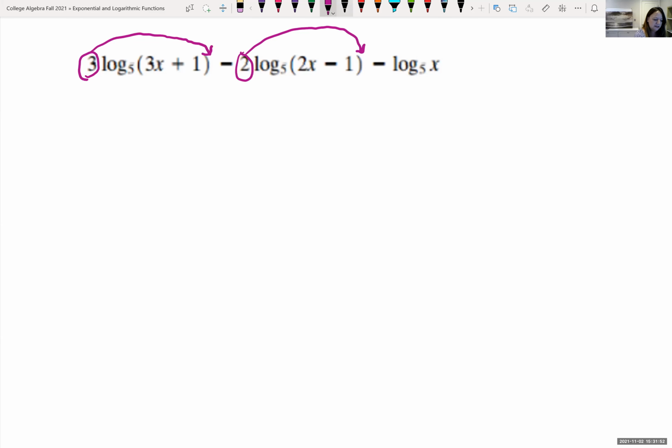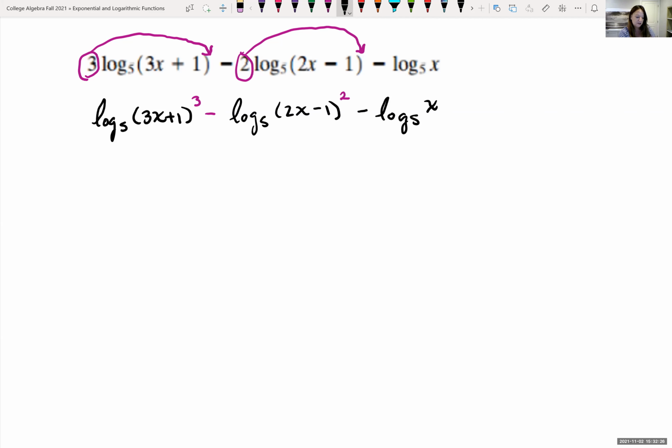And so doing this, we would have log base 5 of 3x plus 1 all cubed, minus log base 5 of 2x minus 1, this is all raised to the second power, minus log base 5 of x.